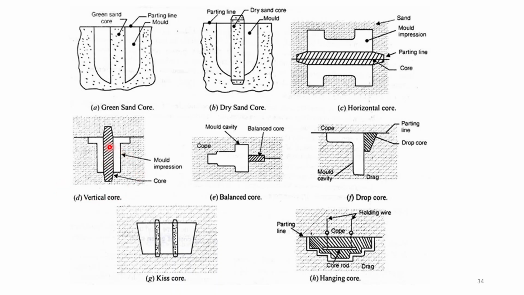Next you have vertical core. It is kept vertically. Next you have balanced core. So it will be balanced in between the casting. It won't be making an entire hole through the casting. Next you have drop core. So it will be kept at a place which will be near this parting line. Then again you have hanging core as well, which is hanged in the casting.